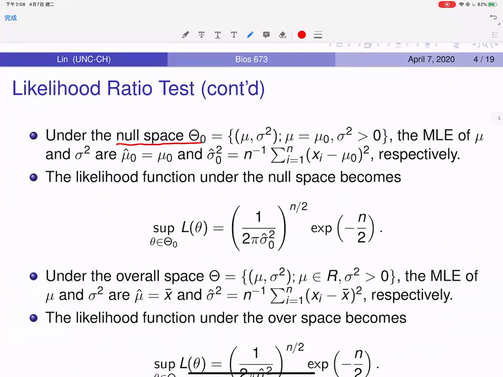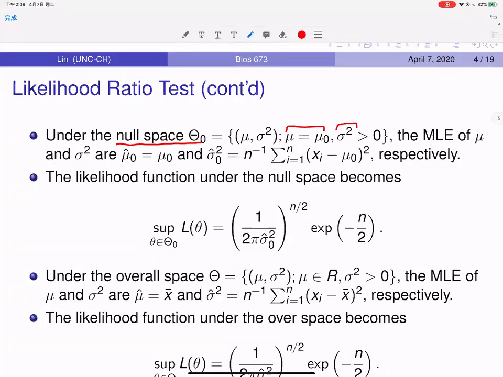For mu, equals mu 0, actually it's fixed. You don't have to do anything, but you need to find the MLE of sigma square, okay? I'm not going to do every detail, and you know that already, okay? So if you do have questions about why the MLE looks that way, you let me know, okay?